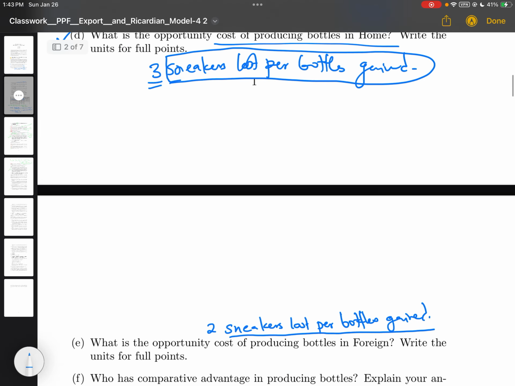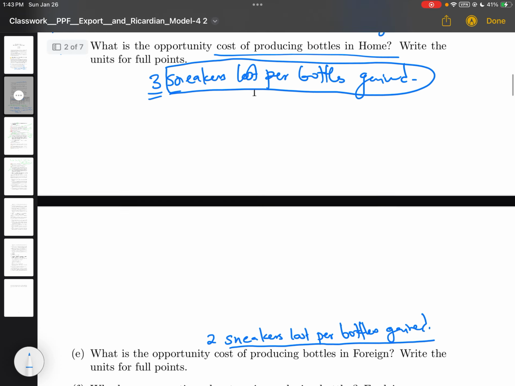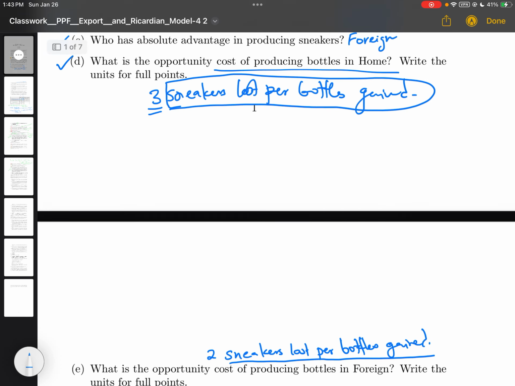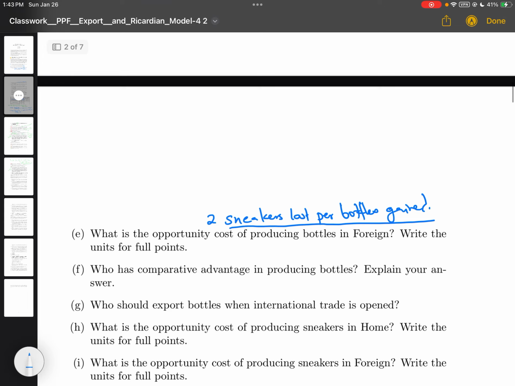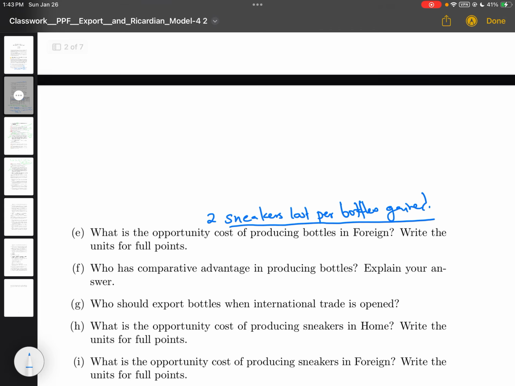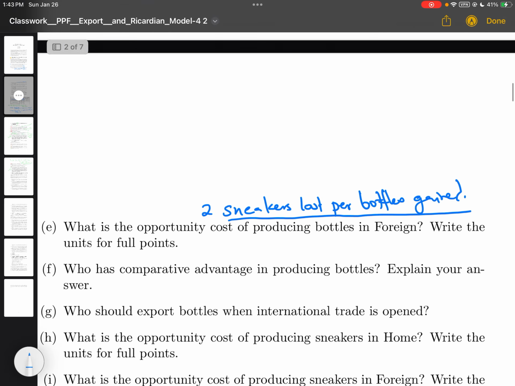It's foreign, because foreign gives up only 2 sneakers to produce bottles, while home is giving up more, 3 sneakers. Do you see? And so here, the country that has comparative advantage is foreign. Foreign has comparative advantage, and your explanation is foreign has the lower opportunity cost.